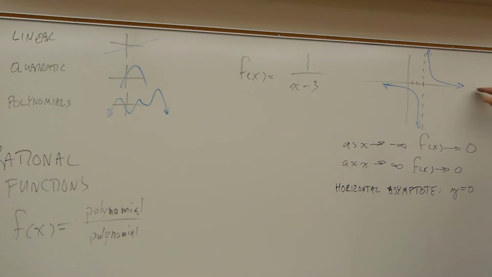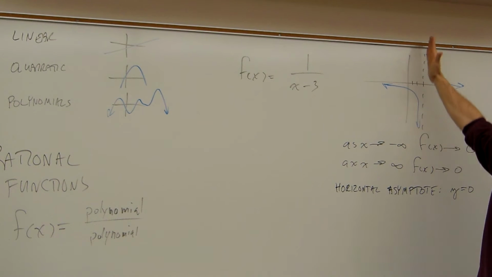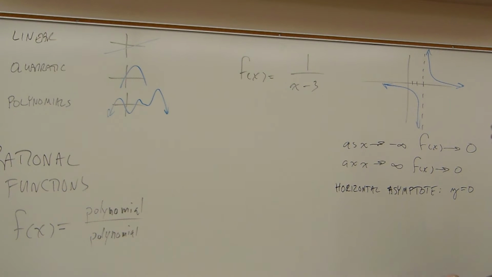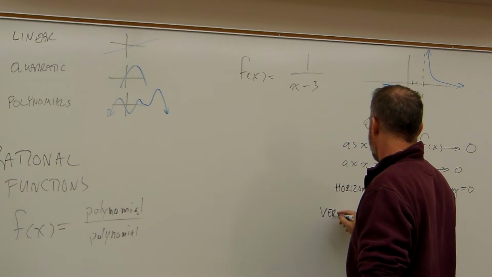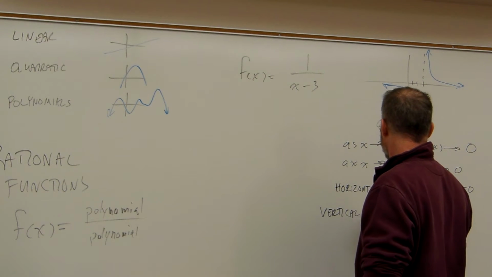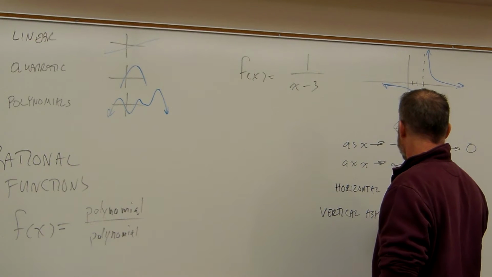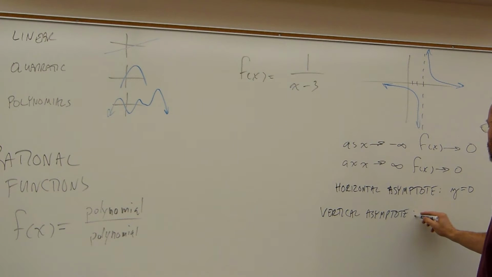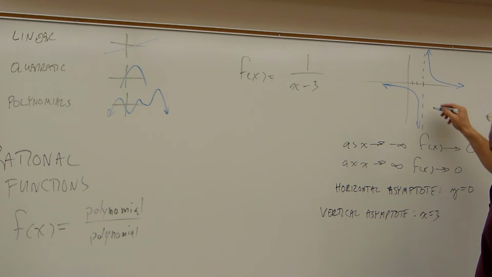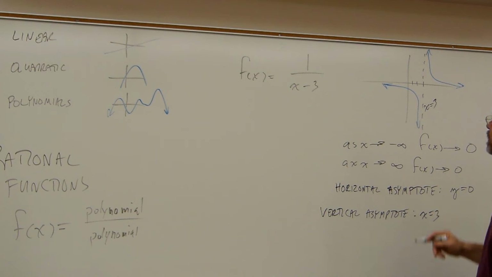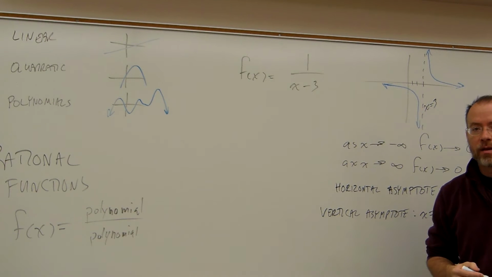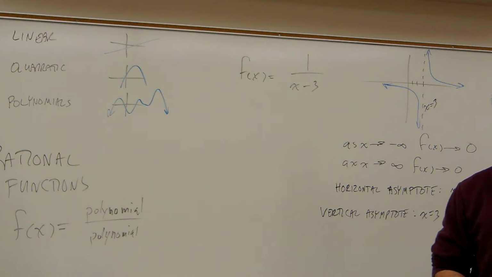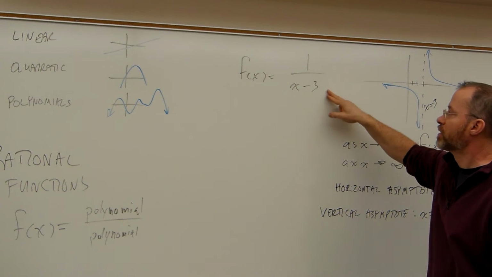You might also notice that this function has a vertical asymptote, right? The vertical asymptote, a vertical line that's an asymptote, is the line x equals 3. That vertical line. And note that that value of x equals 3 is not even in the domain of this function, right?